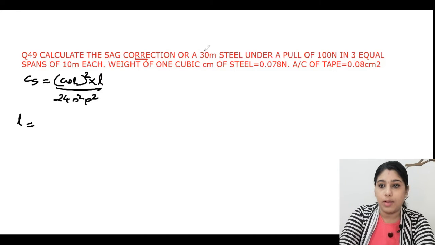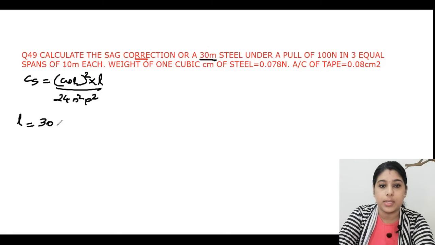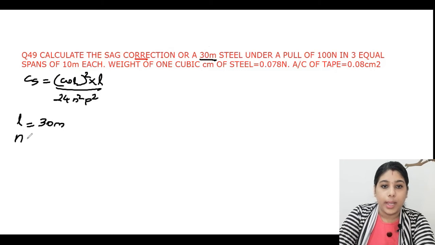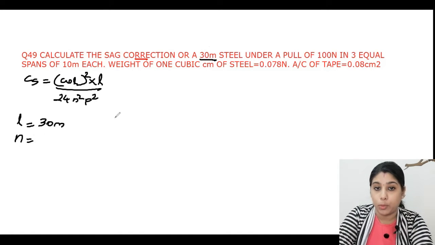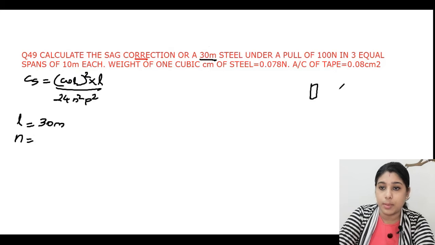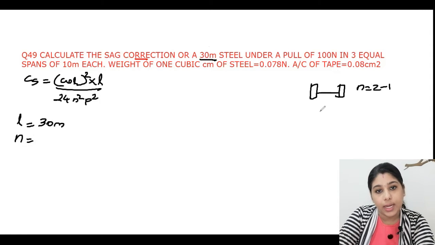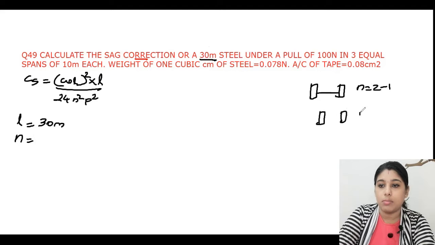So what is L? They have already given a 30 meter steel tape, so L is already a standard measurement, that is 30 meter. Now N means, in the last problem they have given the supports. For example, if I am saying 2 supports there, that means 1 span. That is why N became 2 minus 1. But here they have directly given 3 spans, so it means that 4 supports might be there.